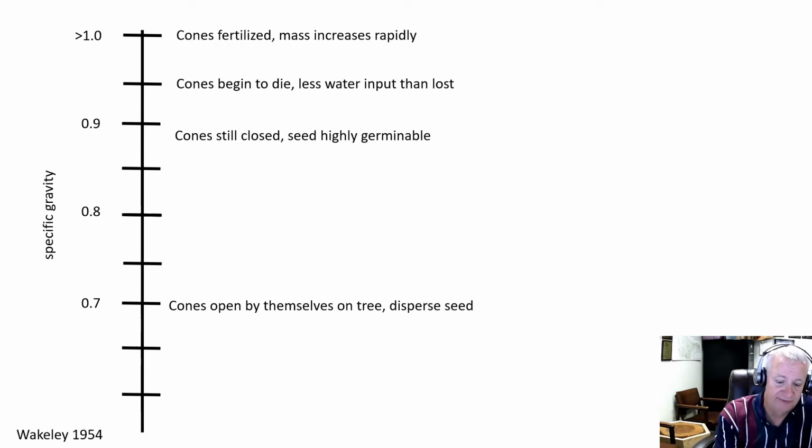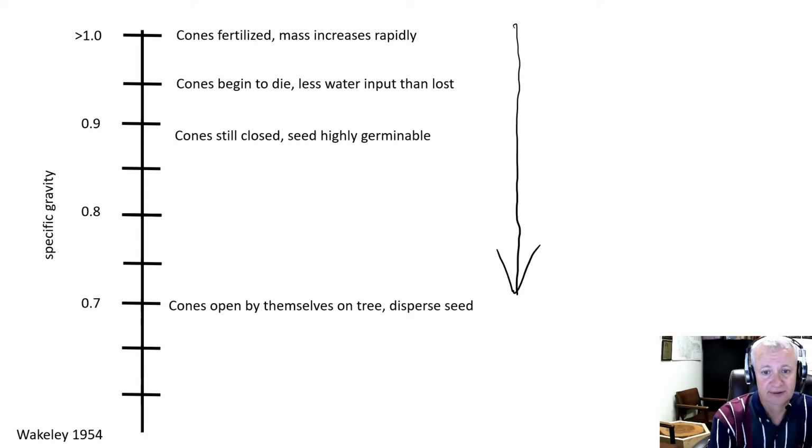So you can think of cone development as developing along this axis, where after cones have been fertilized, so that's in that second summer, their mass increases rapidly. But during that time, when the mass of the second year cone is developing, its specific gravity remains above about 1.